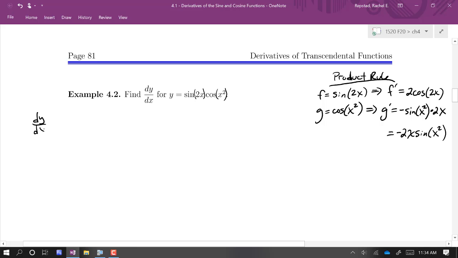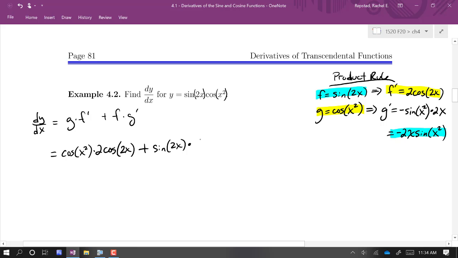Now for the derivative of our function, dy dx, we apply the product rule: g f prime plus f g prime. G times f prime is cosine x squared times 2 cosine 2x, plus f times g prime, sine 2x times negative 2x sine x squared.